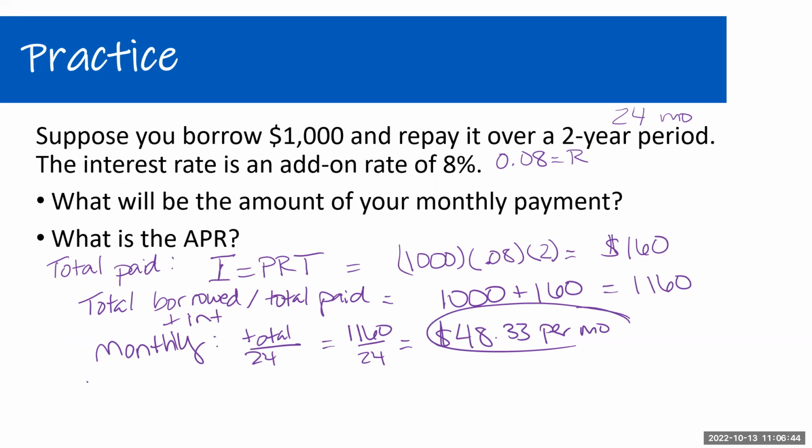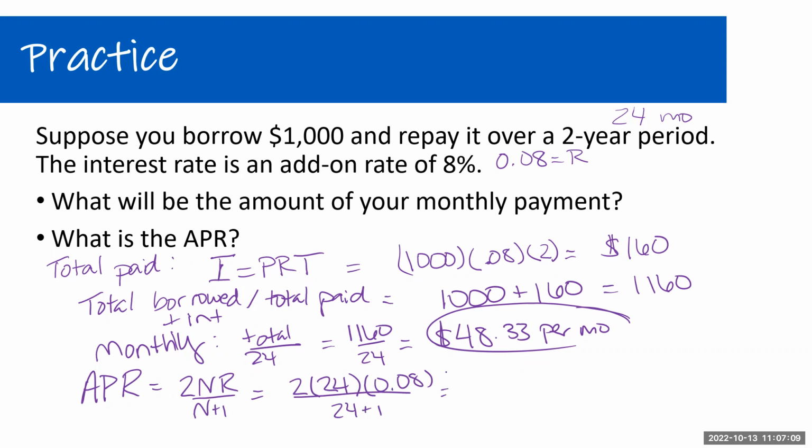If we want to estimate our APR, remember we can use that formula of 2 times N times R over N plus 1. So this is going to be 2. The number of payments that we are going to make is going to be 24. And our add-on rate is 0.08, divided by 24 plus 1.